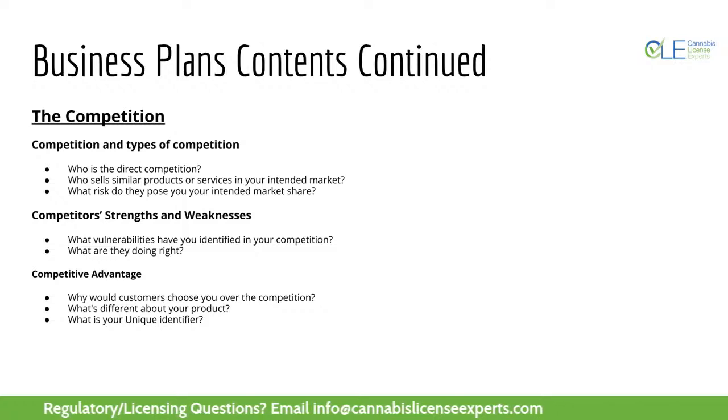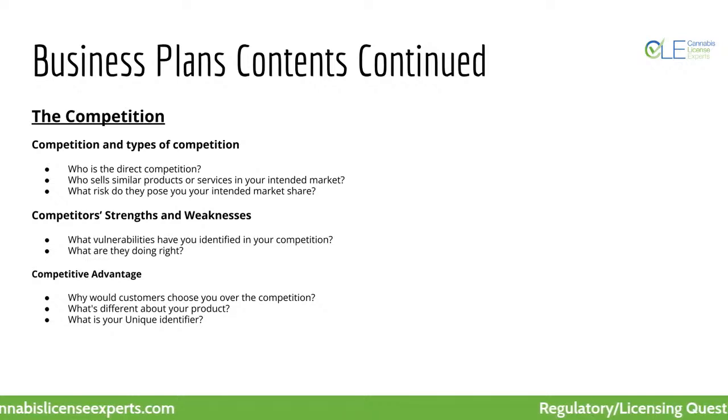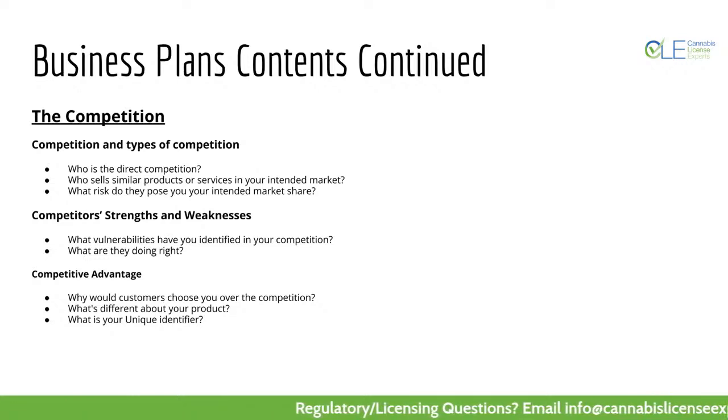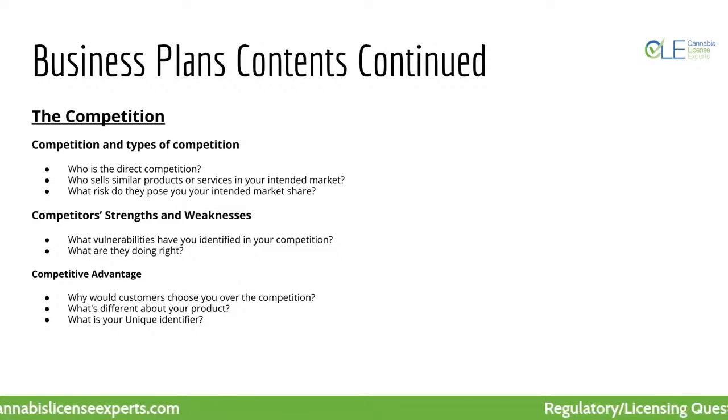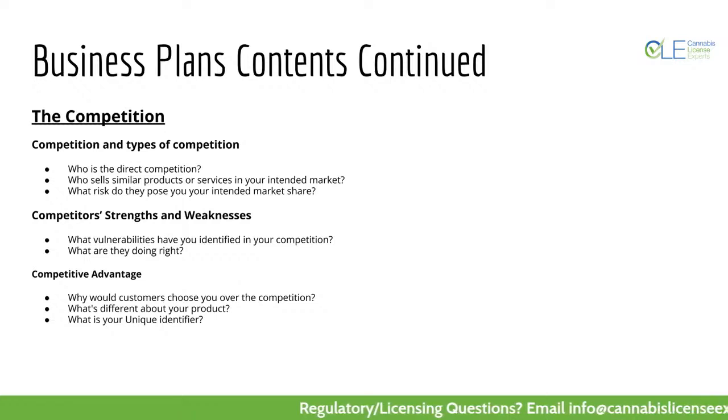Okay, next, you're going to outline your acknowledgement of competition and how you will create a competitive advantage over them. Identify your competitor strengths and weaknesses, and what types of competition are out there. So again, think about who is your direct competition, who's selling similar products and services into your intended market. Is it all the way across Canada?